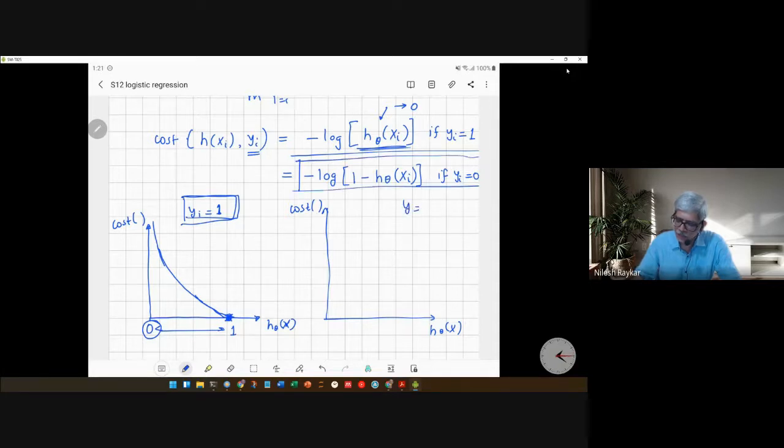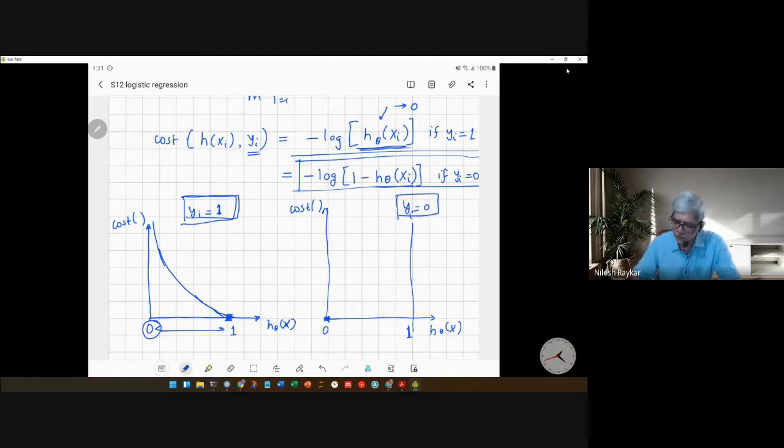So here we are trying to predict y equal to 0, means the label value is 0. So when our h theta is equal to 0, at that time you will find it will be minus log of 0. So the cost function would be 0 at this point. And when h theta moves towards 1, which is what we don't want, you find that this becomes minus log of 0.